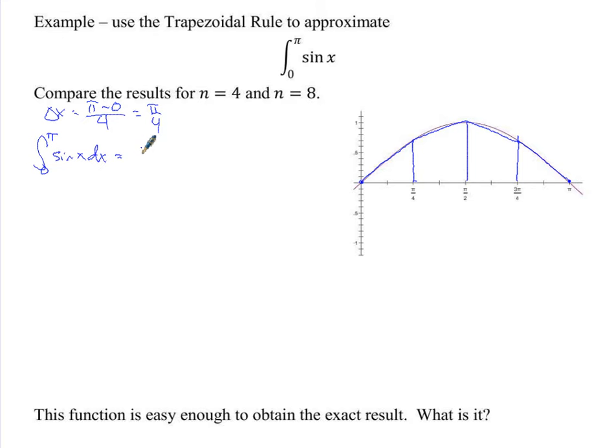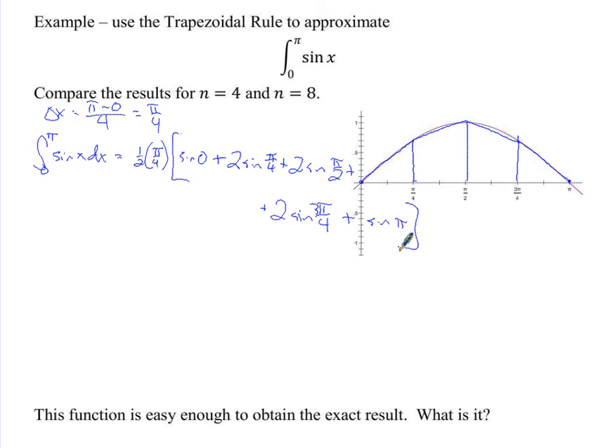Delta x is pi over 4, so we have 1/2 times pi over 4, which is pi over 8, times sine 0 plus 2 sine pi over 4 plus 2 sine pi over 2 plus 2 sine 3 pi over 4 plus sine pi.